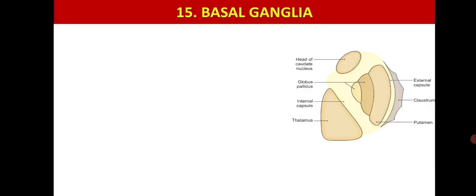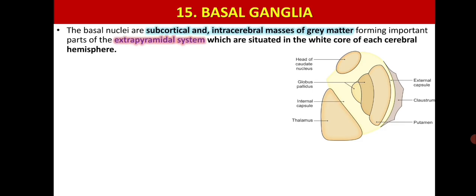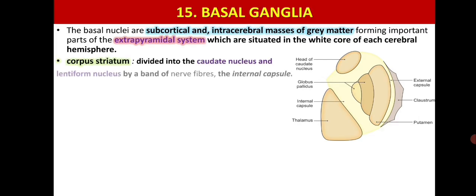Next question is about the basal ganglia. The basal ganglia or nuclei are subcortical and intracerebral masses of gray matter. They form important parts of the extrapyramidal system, and these are situated in the white core of each cerebral hemisphere. This includes, number 1, the corpus striatum, and this corpus striatum is divided into the caudate nucleus and lentiform nucleus.